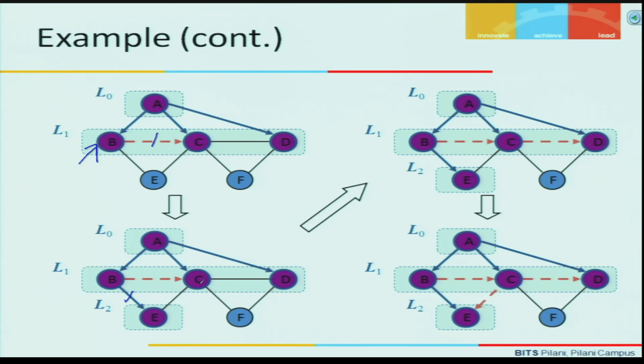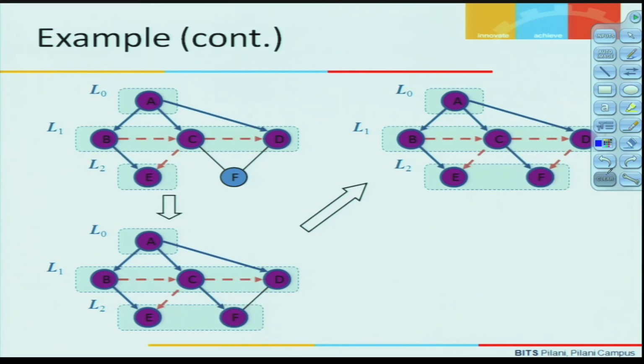So, we go to C and from C there are two unexplored edges. One is this which goes to a node which is already visited. So, this becomes a cross edge. This also is a cross edge, or it goes to F.